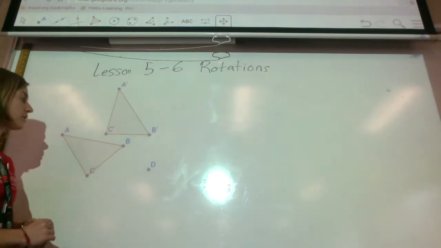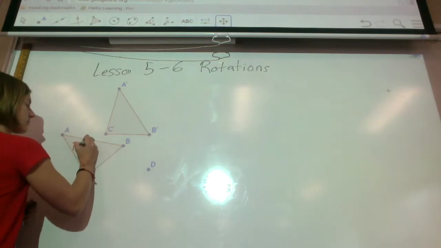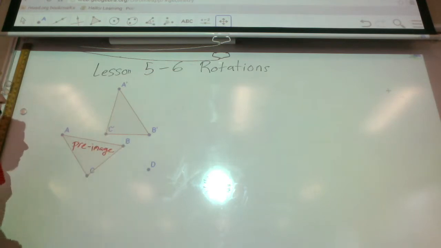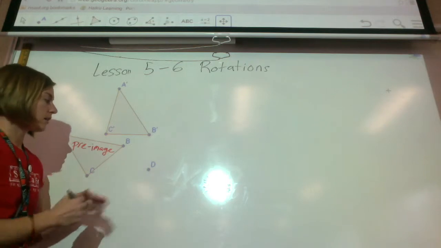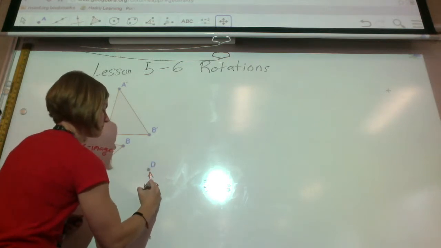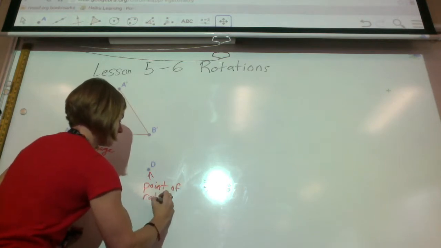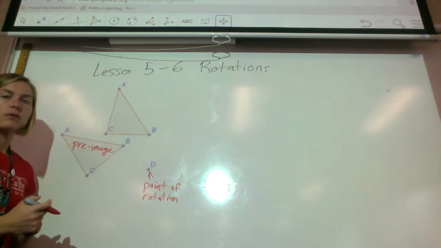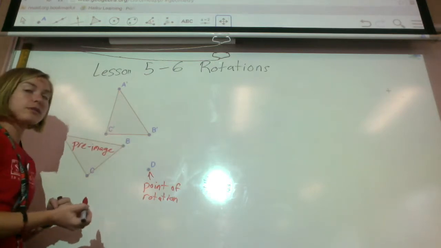Using Geogebra, I took this pre-image and I rotated it about this point. So here's our point of rotation. Now, it may not be too obvious to know how much I rotated it, but you can always figure it out.